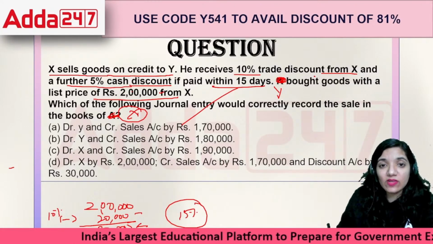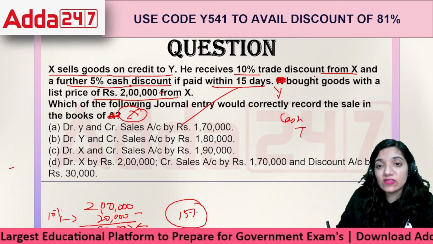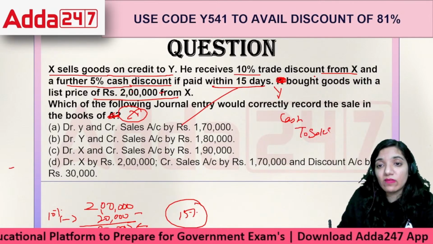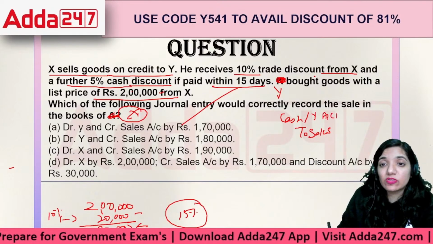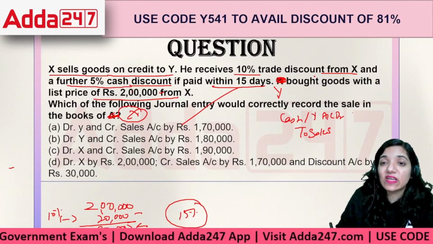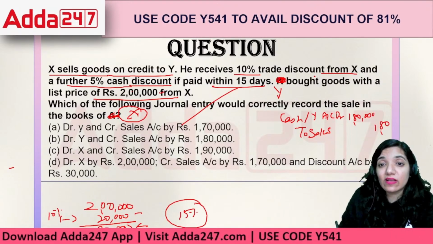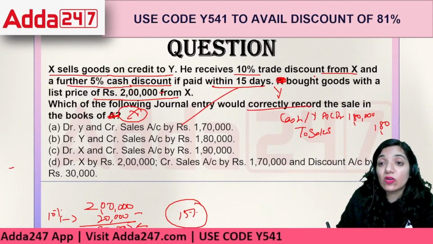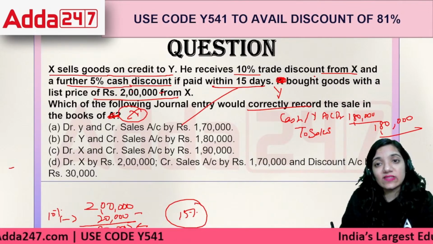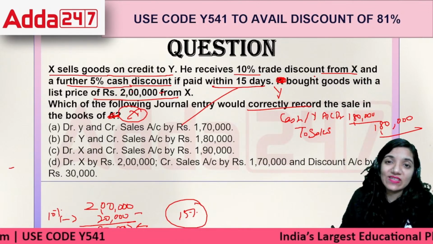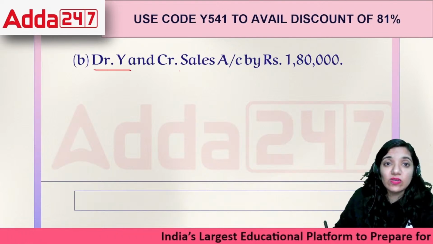Whenever we are selling goods to someone, it would be cash to sales, or we will note down the person's name, Y account debit to sales, but the sales has been made at 1 lakh 80,000. Just to record the sale, the entry is not asking you to record the discount as well. We are just recording the value of sales. It is cash account debited to sales, right? So the correct answer is Y, to sales.